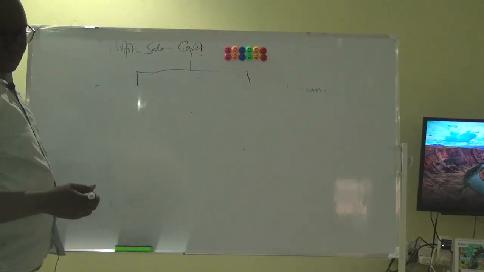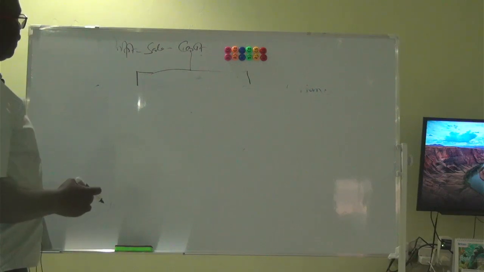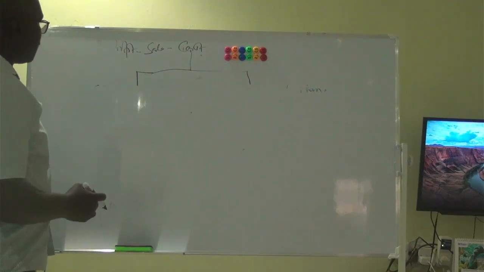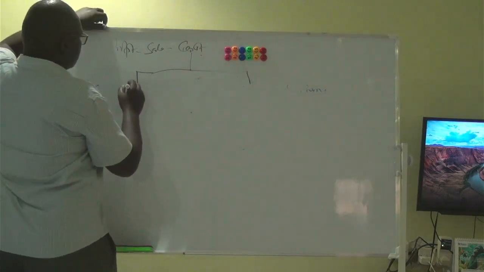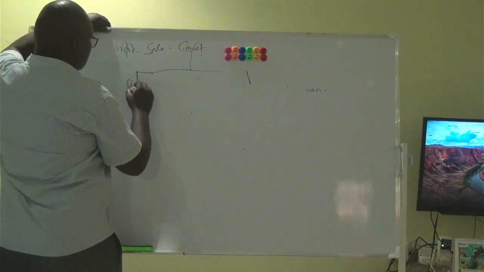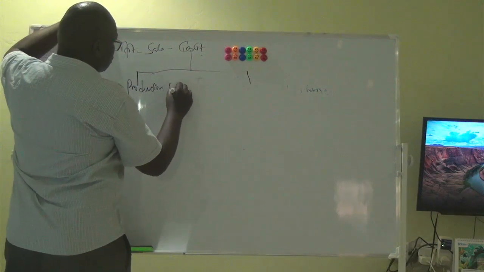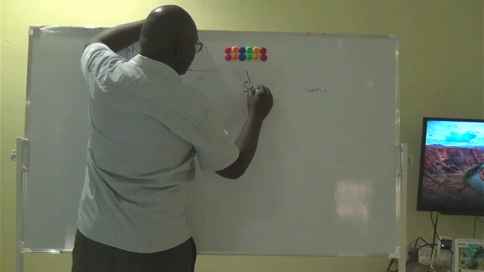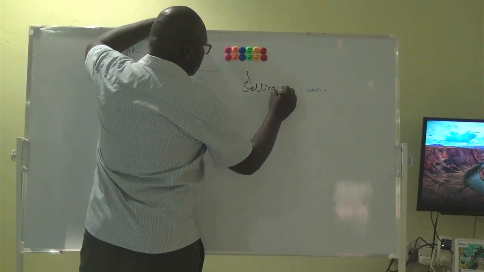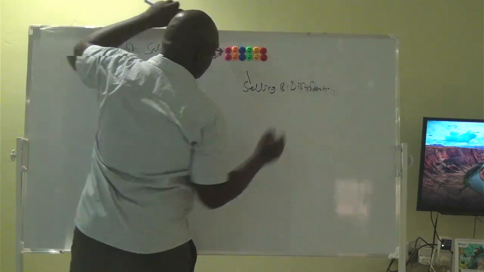Of course, from that particular one, cost is from our manufacturing account. There could be costs which are associated with production. So we have our production costs. Then we have costs that are associated with selling and distribution.